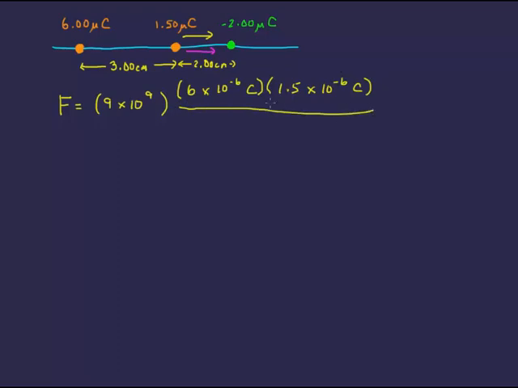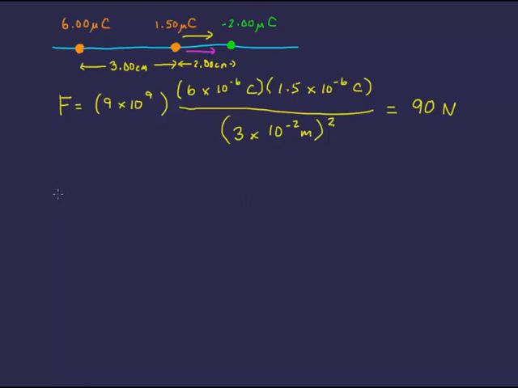Now the distances, whoa, I've got 3 centimeters, and that would be 3 times 10 to the negative 2 meters. And yes, you have to do lots of conversions in these problems. So we'll go ahead and put this in the calculator and see what we get. I come up with 90 newtons.